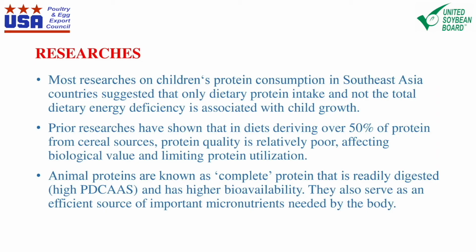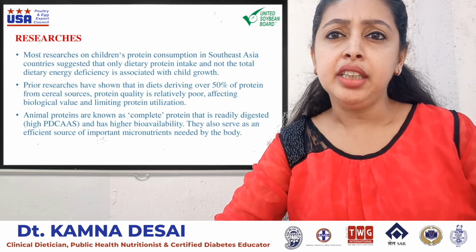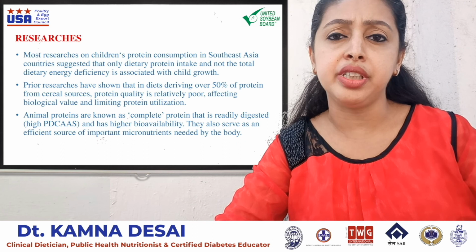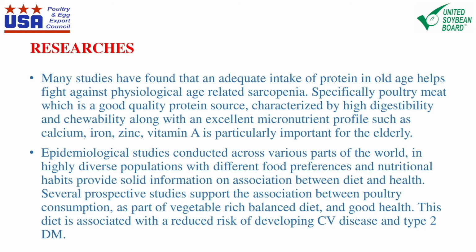A whole lot of studies suggest that animal proteins are complete proteins, that is, they are readily digested since they have a higher PDCAAS score and a higher bioavailability. They also serve as an efficient source of important micronutrients that are needed by the body. Many studies have found that an adequate intake of protein in old age helps fight against physiological age-related sarcopenia.